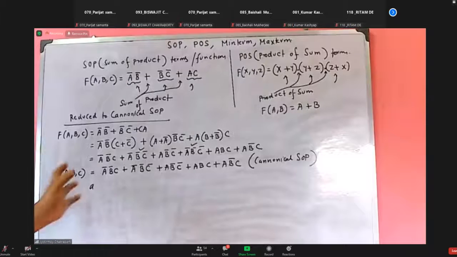Now with respect to this expression, canonical SOP, I want to tell you a concept that is called Minterm. Okay.